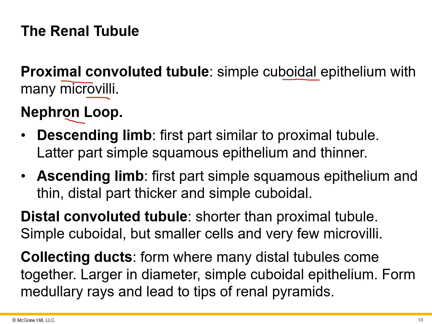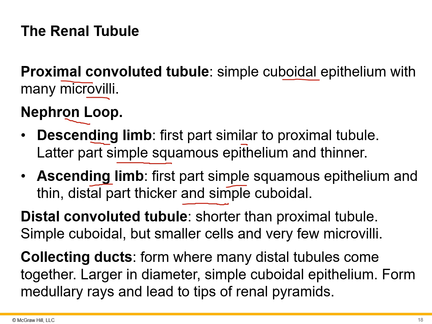And then with the nephron loop or the loop of Henle, there's the descending limb, which would go down. So that's the first part of that tubule. And then we have squamous epithelial cells that become thinner as we move through the descending limb. And then it loops, and then we move into the ascending limb. The first part is simple squamous, and then as we move, they become thicker cells and become simple cuboidal.